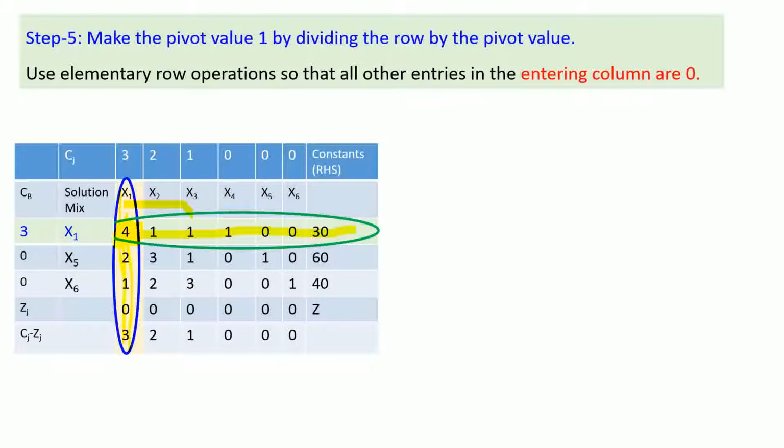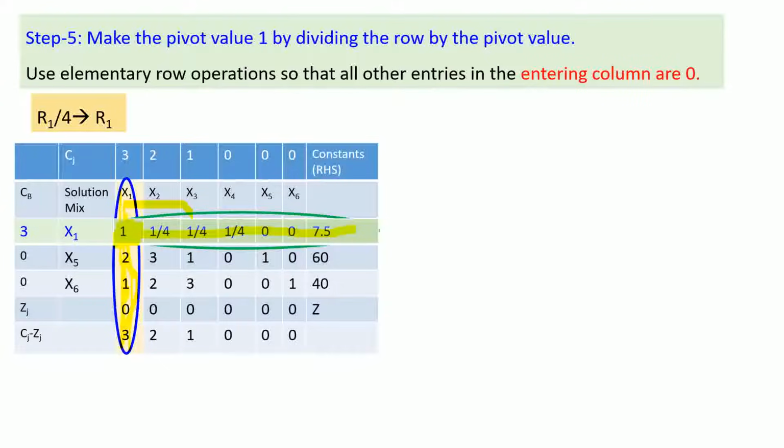And we have to make the other pivot column values 0, using elementary row operations, meaning all values other than the pivot value should be 0. So using this operation, row 1 divided by 4, we replace row 1 by row 1 divided by 4. When we divide row 1 by 4, it looks like this.